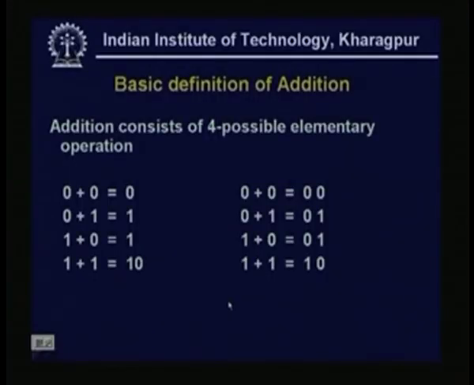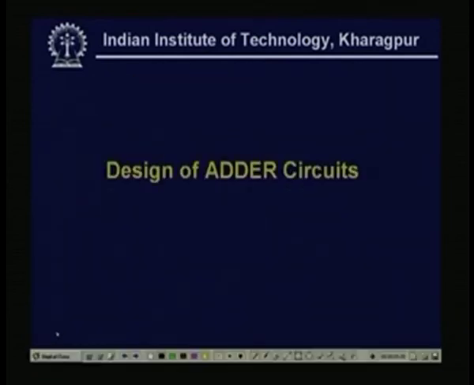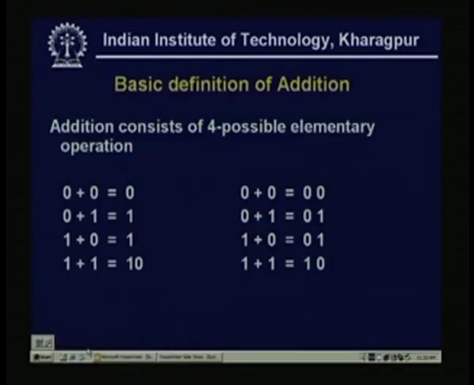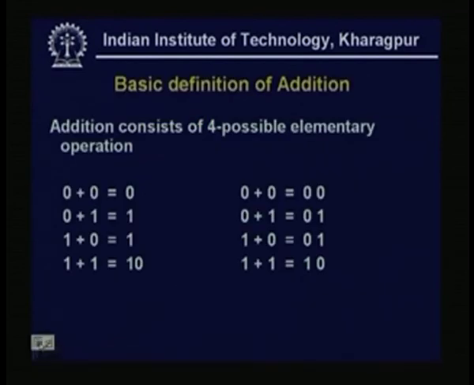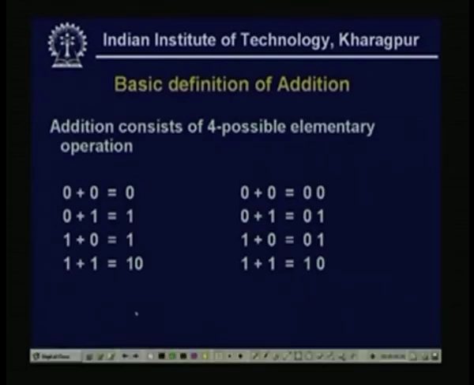As its name implies, the adder does the addition operation, and this consists of 4 possible elementary operations. There are 2 bits.